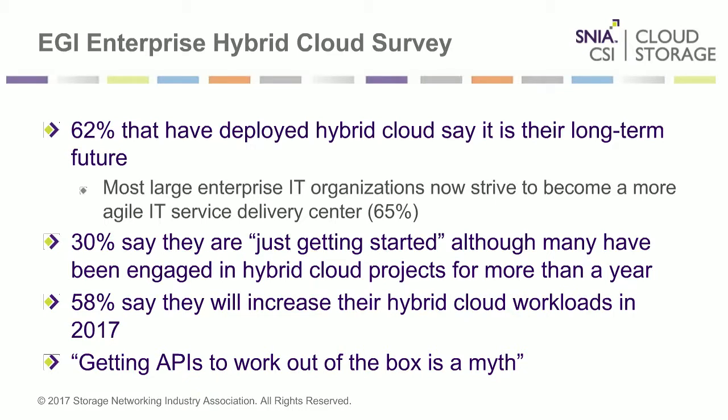So here are some of the highlights from the survey itself. We saw that roughly two-thirds of enterprise IT says that hybrid cloud is their long-term future. And we think the number one reason for that is this idea of agility.